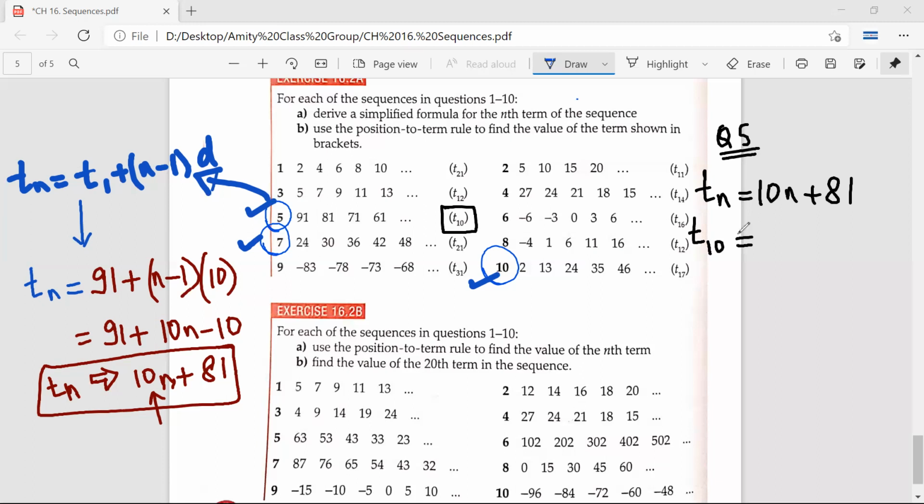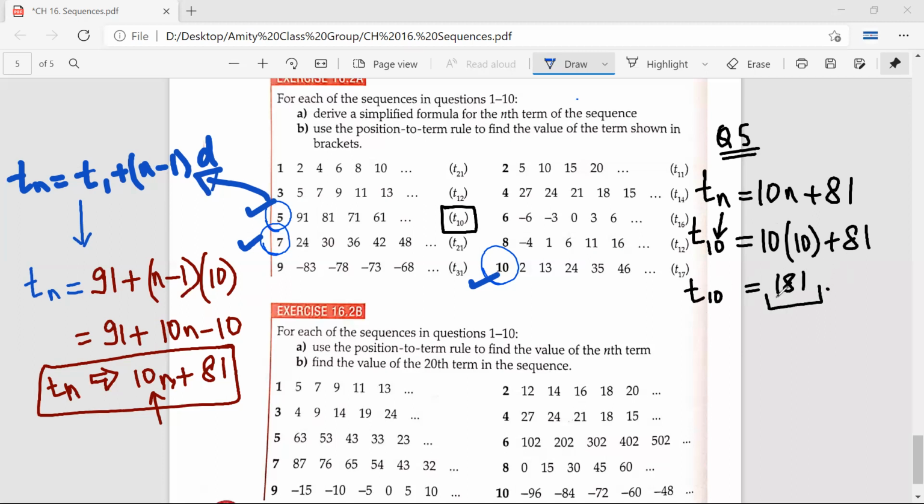Do you see that all I need to do is put n is equal to 10? Yes, sir. So all I need to do is put n is equal to 10 here. So this will be equal to 181. Are we clear about this?